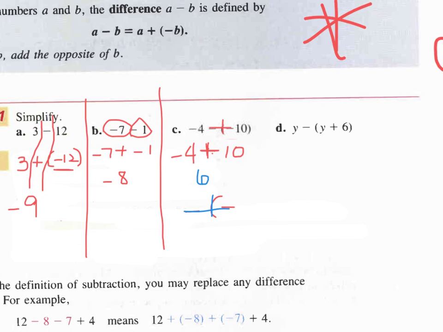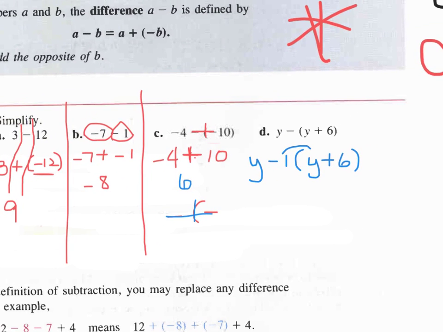Now, on this one, we sort of saw the opposite of a sum. You can think of this problem two ways. You can either think of it as there's an imaginary negative 1 here that you need to distribute, or just think of it as distributing the negative sign. So you need to do that first.